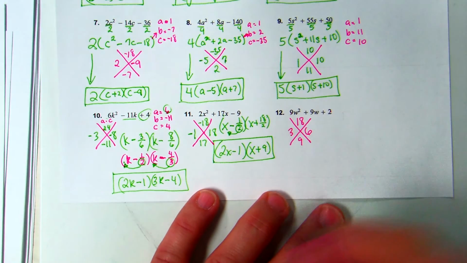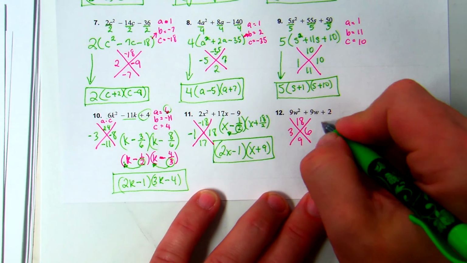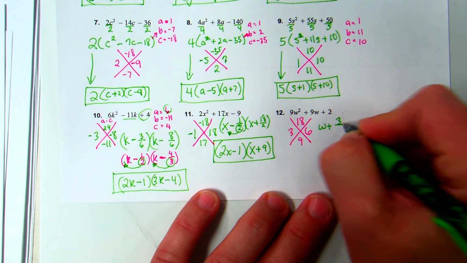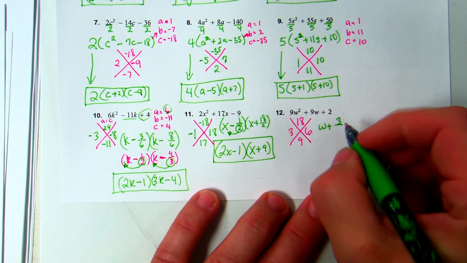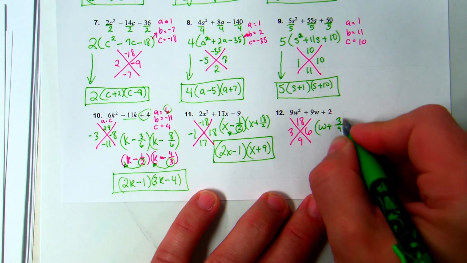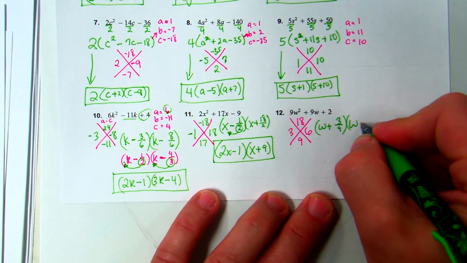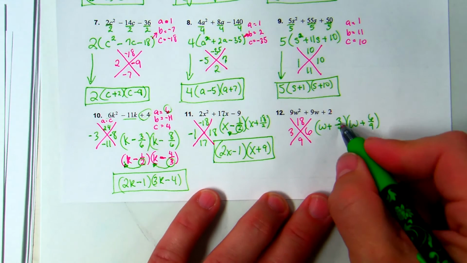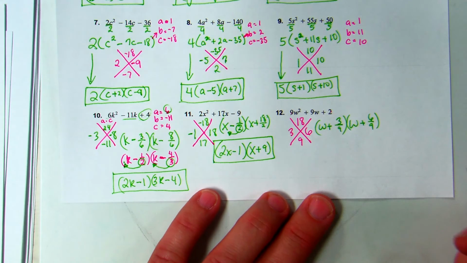3 and 6. And so I can start writing out my factored form, which is going to be W plus, remember this is not a 1, so we have to put the 3 over 9, and W plus 6 over 9. I'm going to reduce or simplify these fractions down.